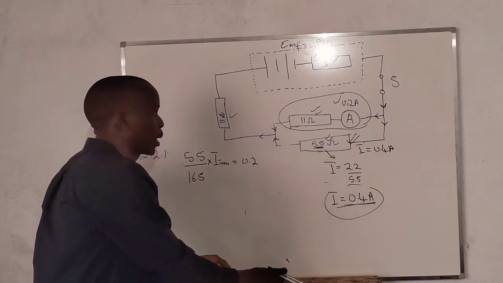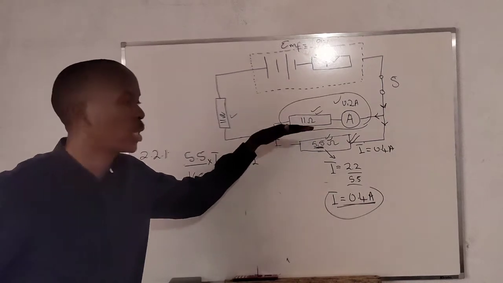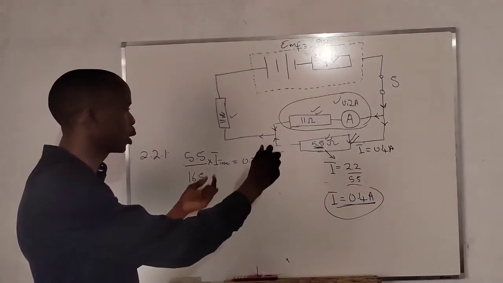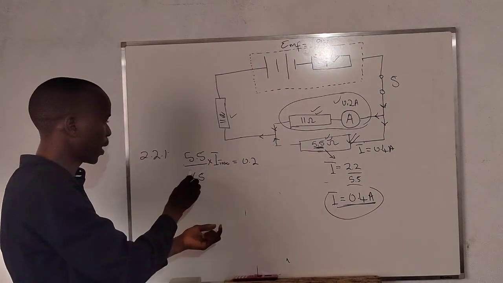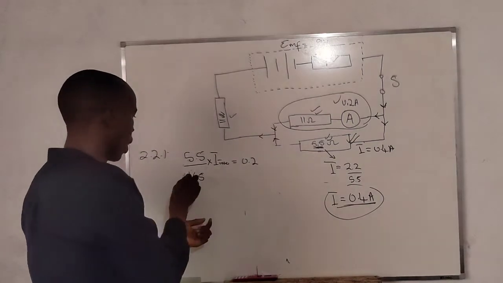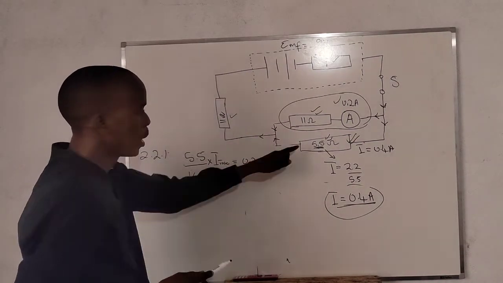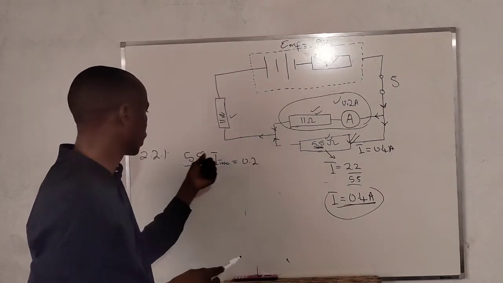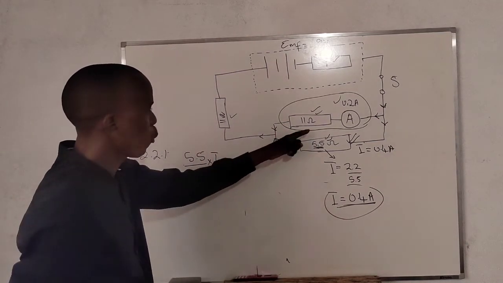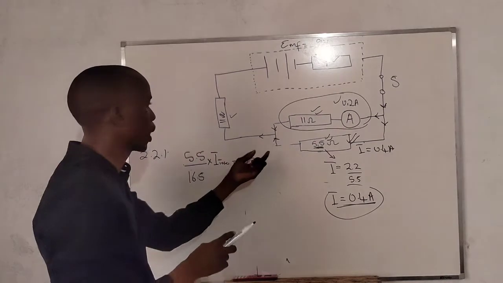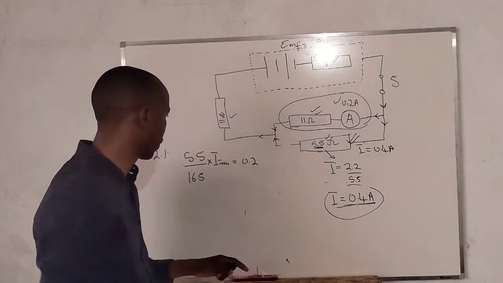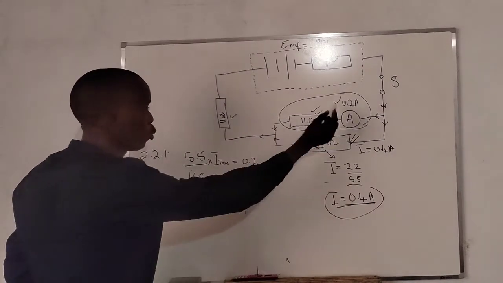Now I want to find the total current. So if I wanted to find the total current of this resistor, I would use the ratio. This is the total. So I added 11 plus 5.5, so I got 16.5, and then I used this resistance here as the numerator, so that I know that fewer current will pass through here, and then the current passing through here happens to be 0.2 amperes.